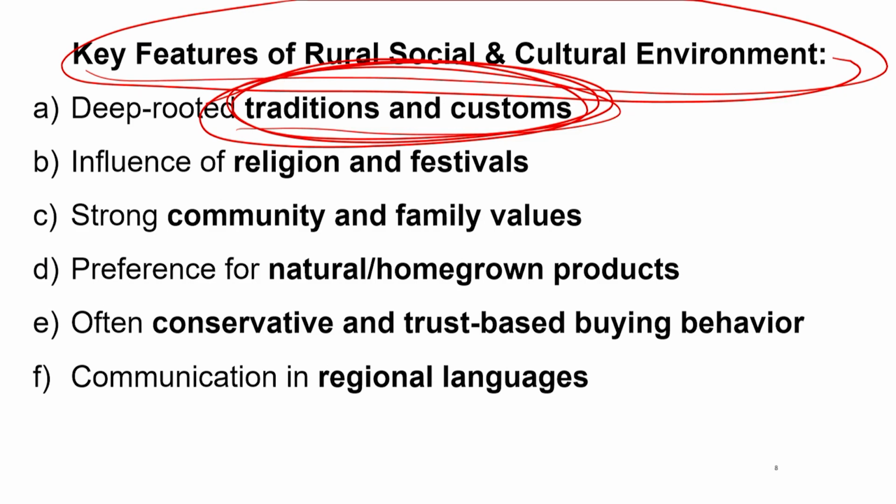So many companies like HUL and tractor makers design or promote their products and services using traditions and cultures. Like Patanjali, they promote an Ayurvedic image. In their promotional tools, they show how deeply rooted they are in rural culture. They are targeting this and studying it.